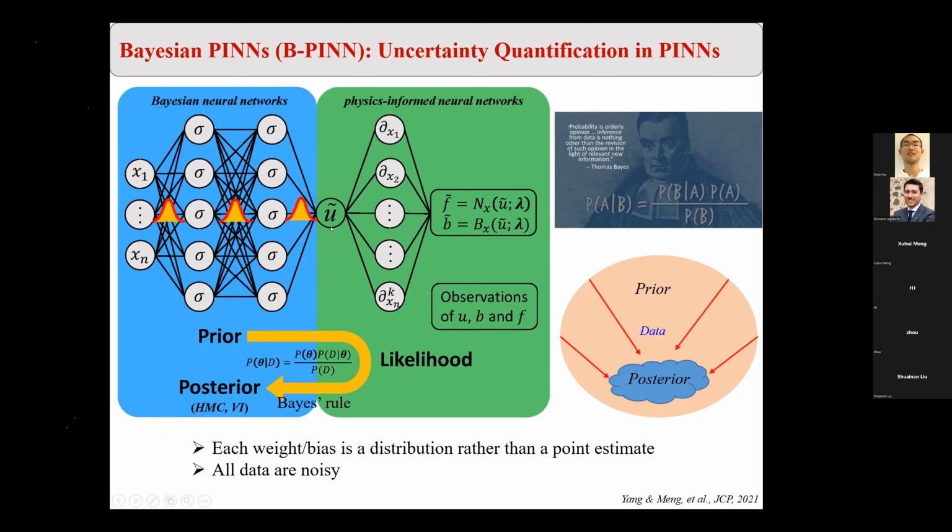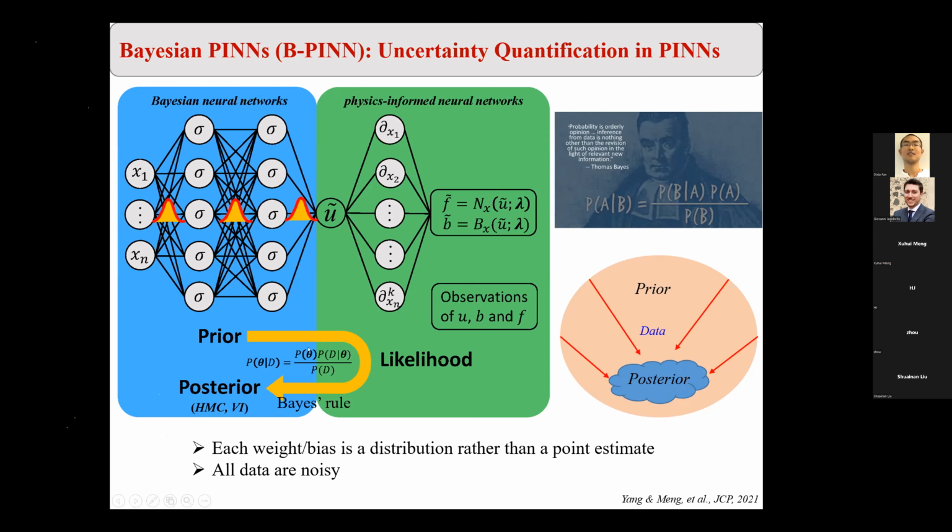And if we have some data, we try to find all the functions in the prior space which can fit the data well. Those functions we call the posterior. If we write it in a mathematical way, it is Bayes' rule.